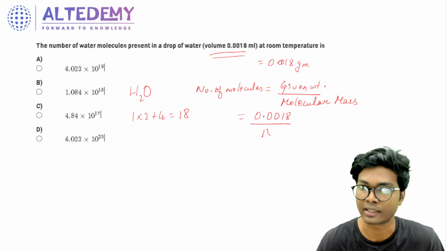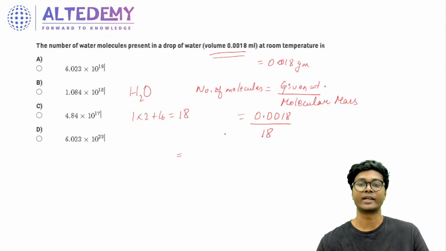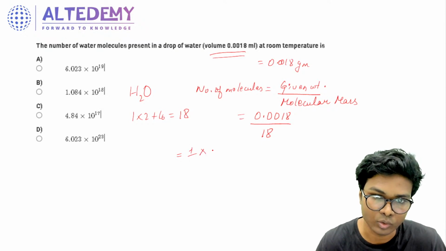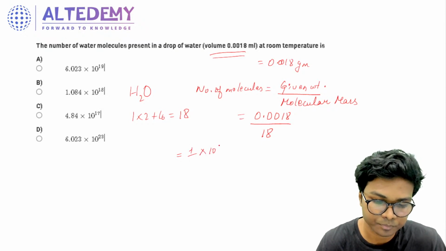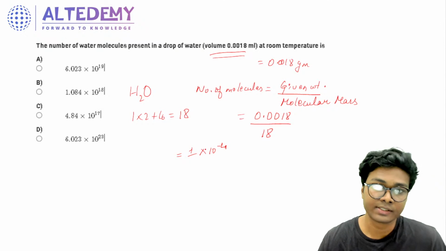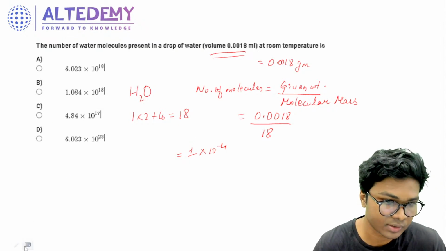So you can see the calculation becomes very easy. 0.0018 divided by 18 gives 1 into 10 to the power minus 4. So this is the number of moles.